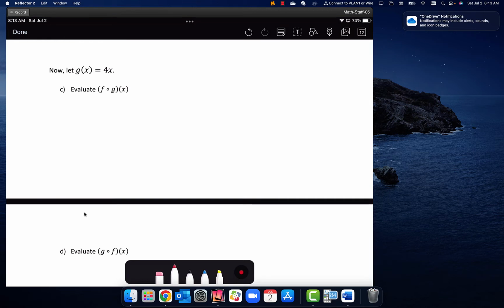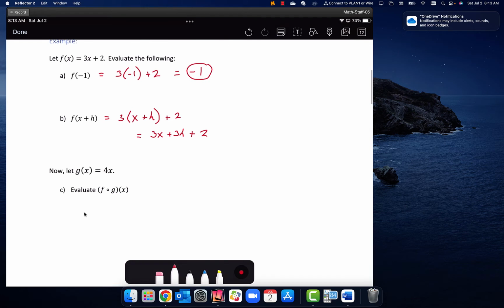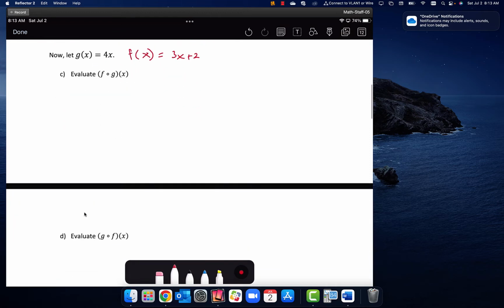Now let's let g be 4x, keeping in mind that f is 3x plus 2 from previous. So f of g of x. It might be helpful to rewrite it first. We can think of it as f evaluated at g of x, or again, f of g of x.